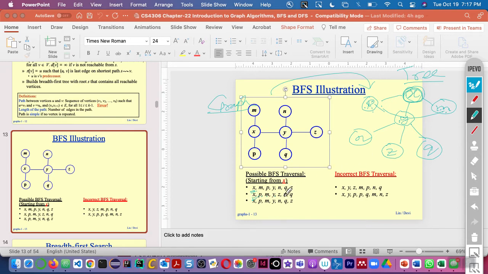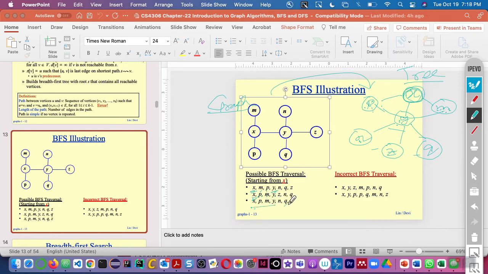So then we are covering P, M, and then whenever you come to Y, Y has children, right? Another level. In this level, how many variations are there? N, G, Q, right? Or it can be G, N, Q, and then this will precede.